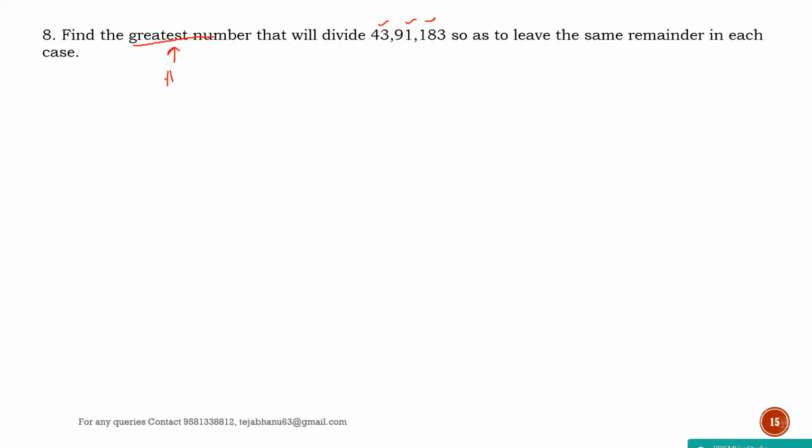Greatest number means HCF he is asking. The shortcut to this problem is just to identify the differences. 43 and 91: the difference is 48. 91 and 183: the difference is 92. Identify the HCF of 48 and 92.